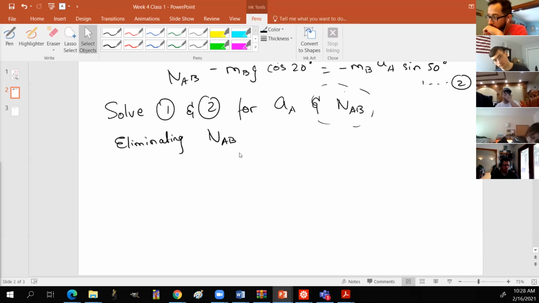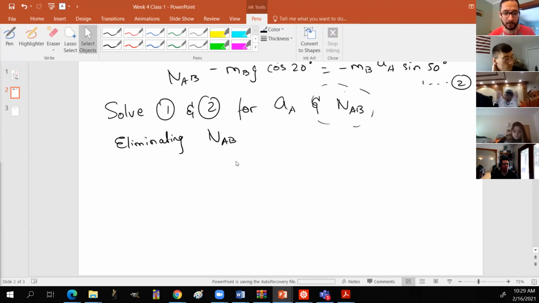So these two equations are being solved together, basically two equations for two unknowns, N_AB and a_A, but we're more interested in acceleration. Plug these into Mathematica or your calculator and get your answers directly, or you just solve it mathematically.